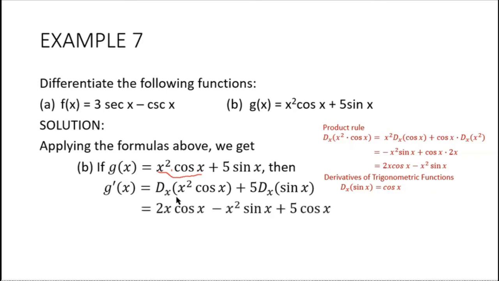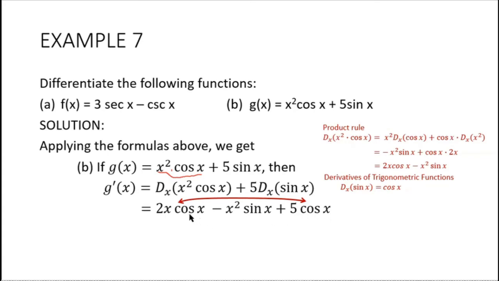Then, we have 2x cosine x minus x squared sin x plus this second term, 5, then the derivative of sin x is cosine x. Okay? Then, we can combine the 2x cosine x and the 5 cosine x.